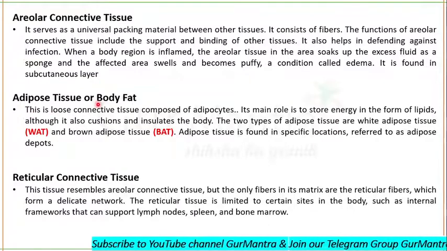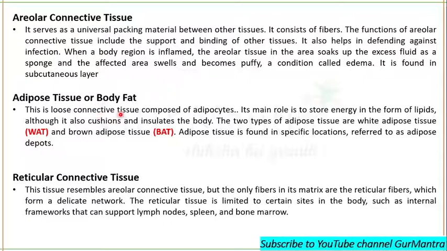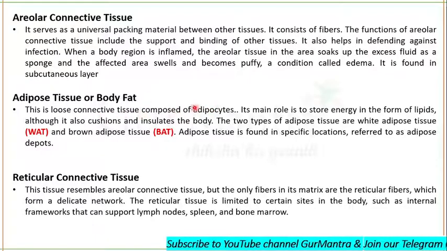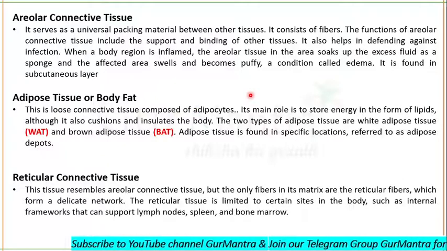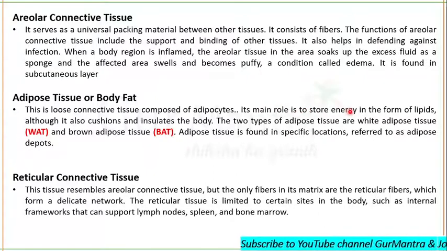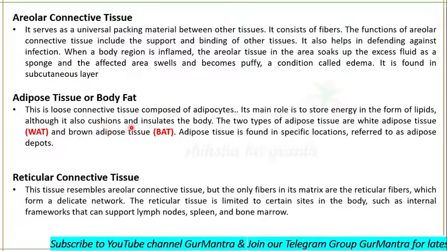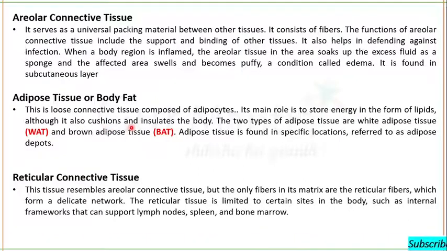Then comes the adipose tissue or body fat. As the name suggests, adipose tissue is going to store fat. This is again loose connective tissue which is composed mainly of adipocytes. What is the function of this adipose tissue? It stores energy in the form of lipids, mainly triglycerides, and it also acts as a cushion and insulates the body.